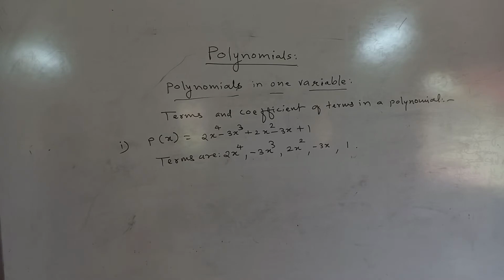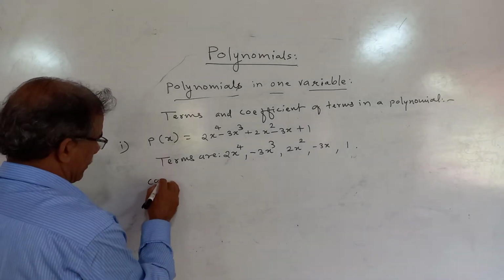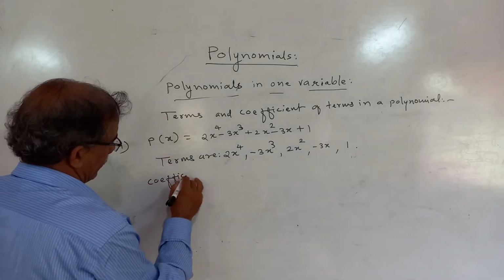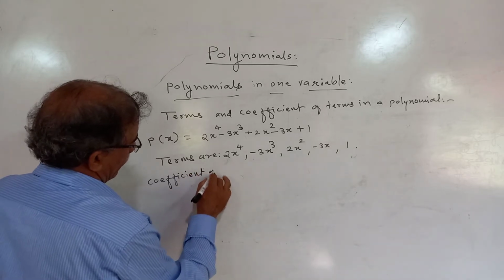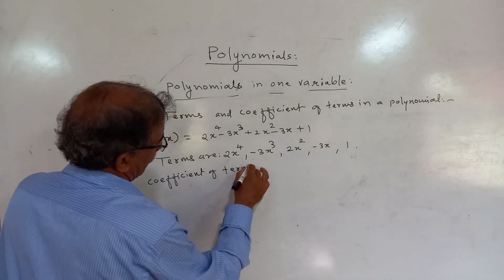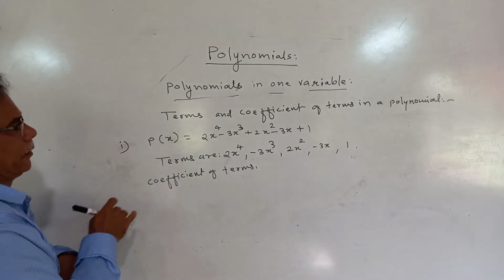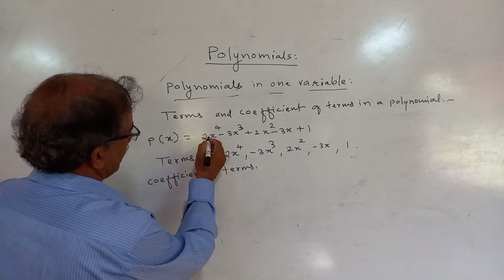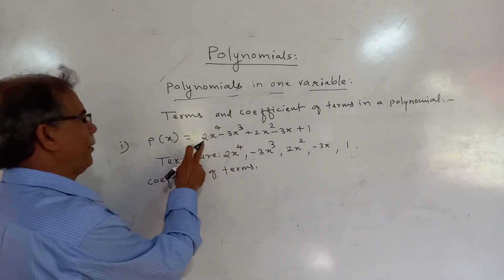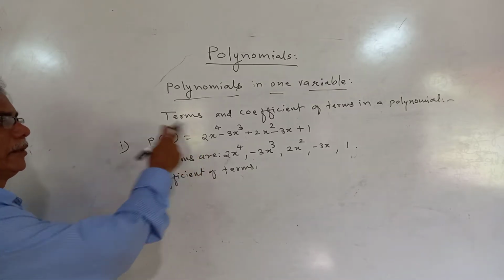And then the coefficient of terms. Now 2x raised to 4. This x raised to 4 is multiplied by which whole number or integer? 2.